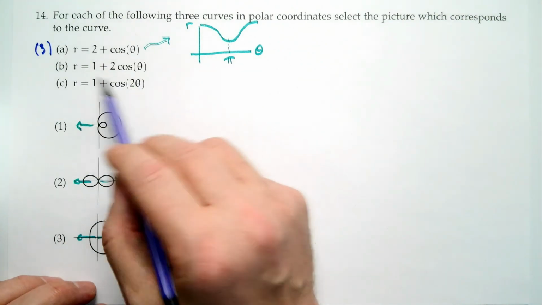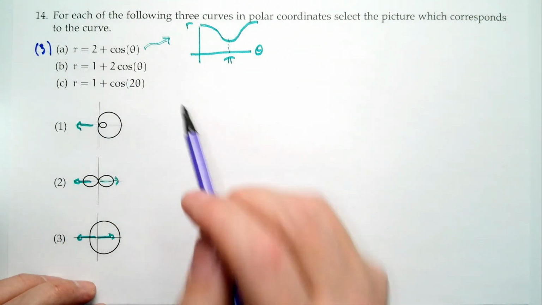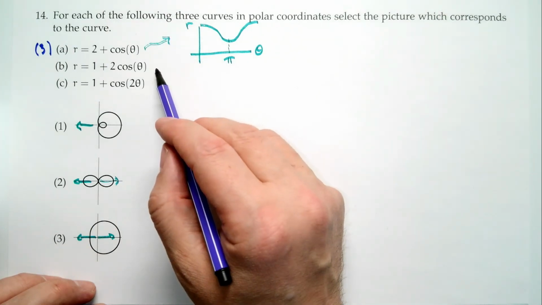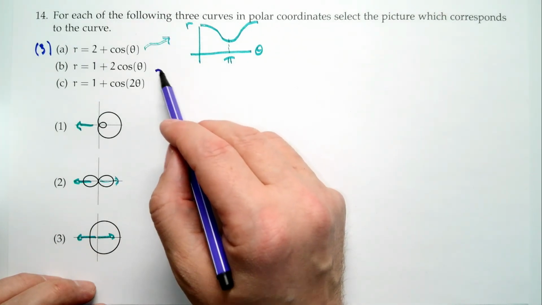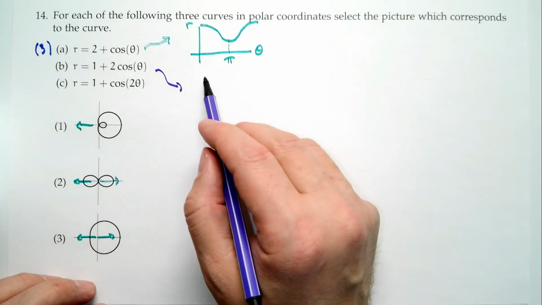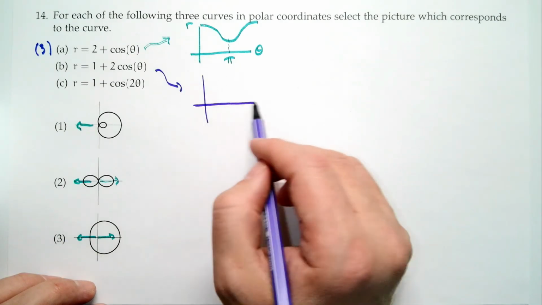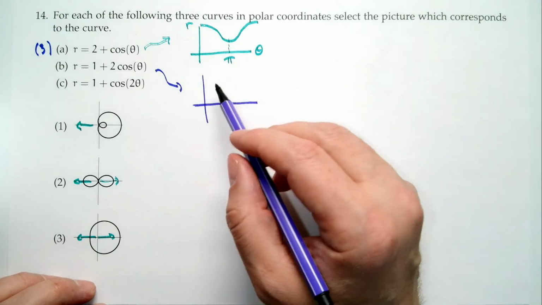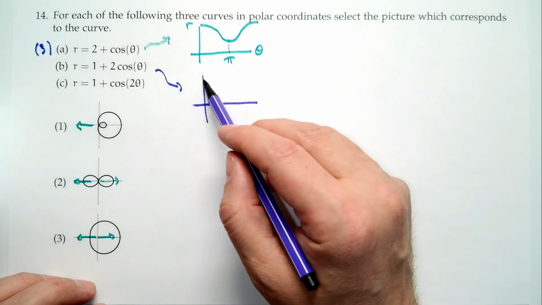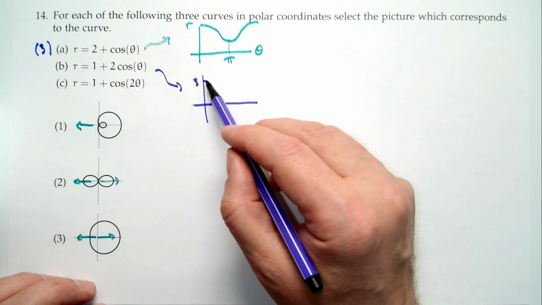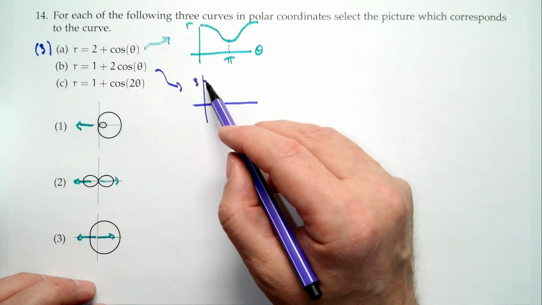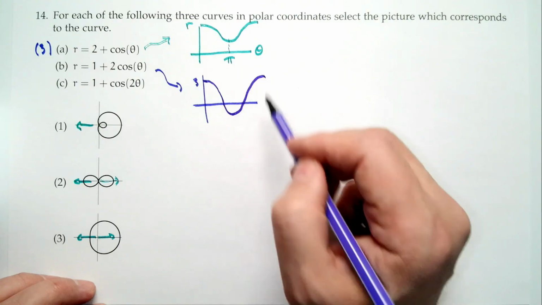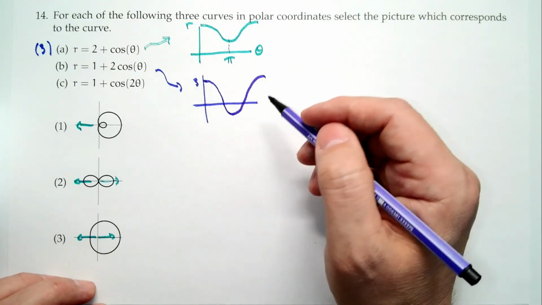What are some properties which should be true about 1 plus 2 cosine theta? Okay, so, well, if I were to sketch 1 plus 2 cosine theta, what would it look like? It peaks at height 3. How low can it get? It actually goes down. Then it comes back up. So what should we be looking for?